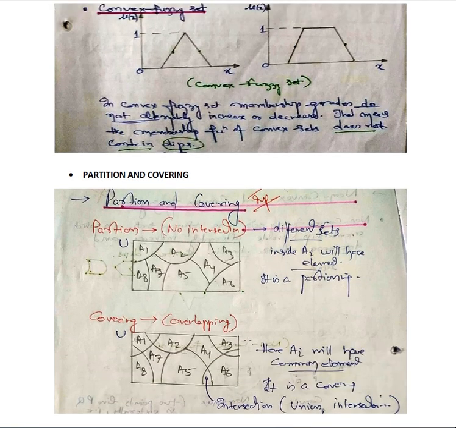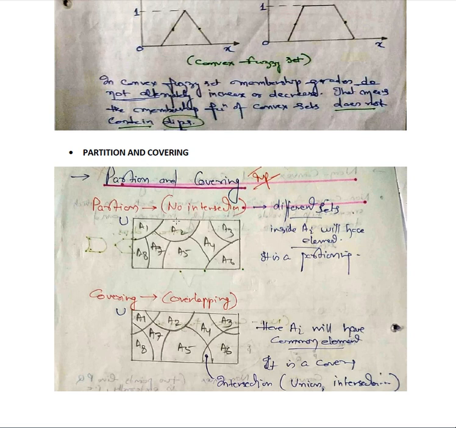Now finally let's see the portion related to partition and covering. Partition means, let us take one rectangular area where we created different areas like clusters: A1 cluster, A2, A3, A4, A5, A6, A7 and A8.